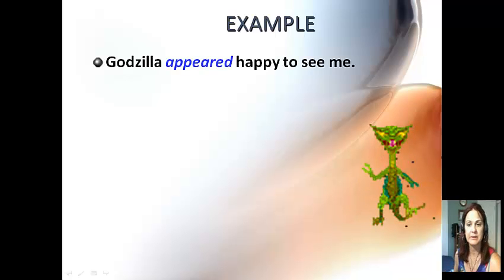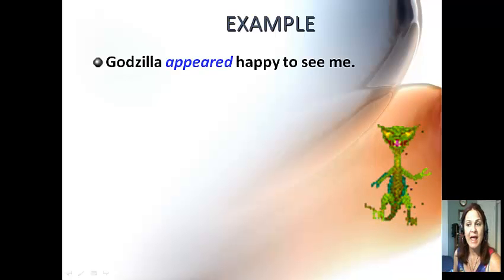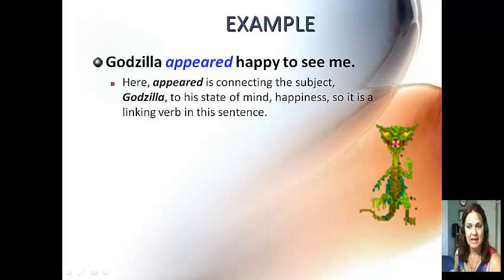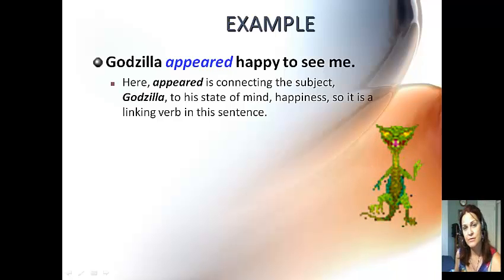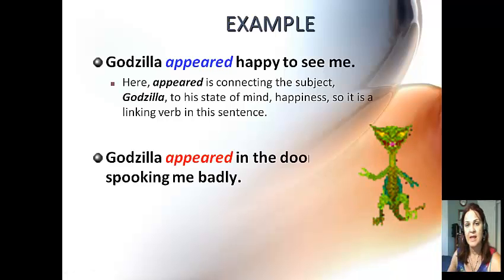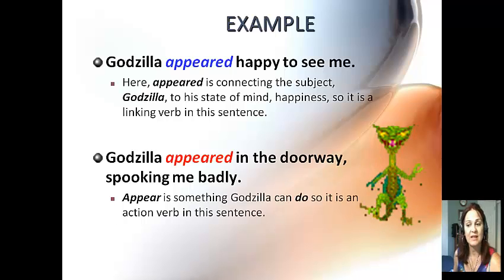Another example, Godzilla appeared happy to see me. In this sentence, appeared is connecting the subject Godzilla to the state of being of happiness, so therefore it's a linking verb. In our second example, Godzilla appeared in the doorway, spooking me badly.